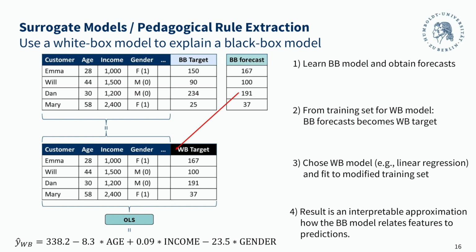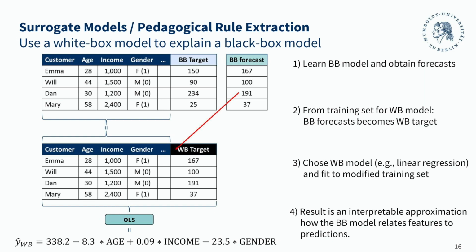What you could do is take some data, you just apply your black box model to your data and produce some forecasts, as we always do when we assess predictive quality. So if we look into this picture, the upper part is all very familiar, right? BB target is the black box model target, i.e. that's Y, and if we train a model on that data, then maybe for a holdout set we can produce predictions.